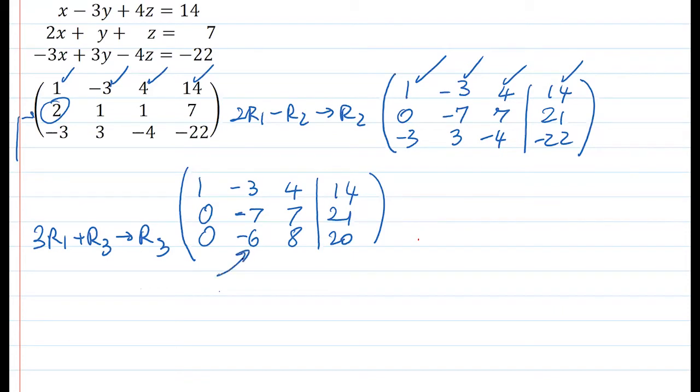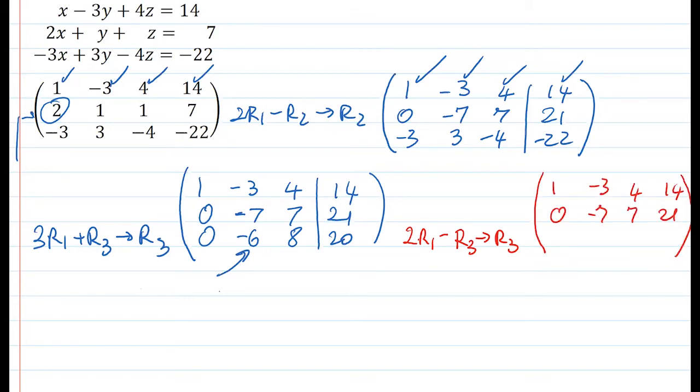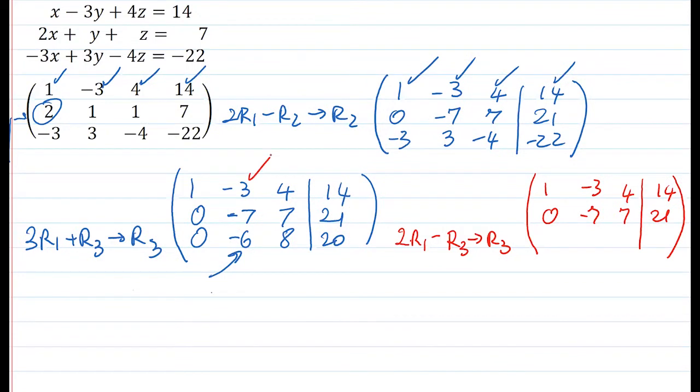Here's how to do it wrong. It may look like 2R1 minus R3 would get you a 0 there. First two rows unchanged. For this position, 2 times negative 3 is negative 6, minus a negative 6 equals 0.